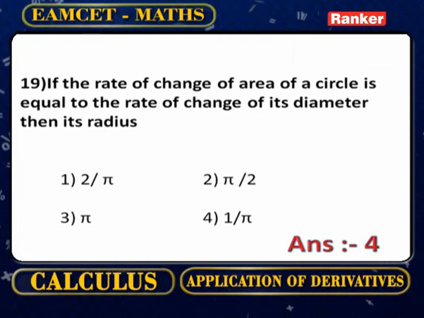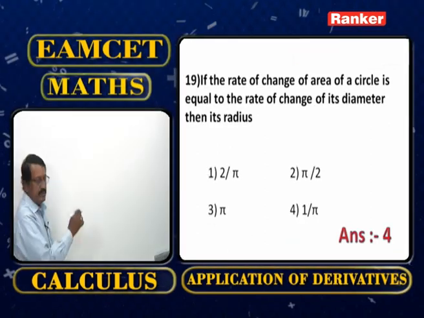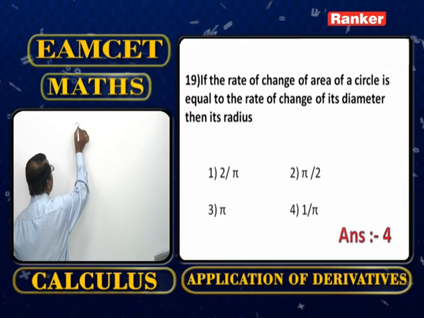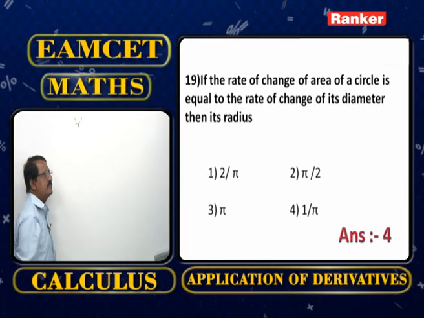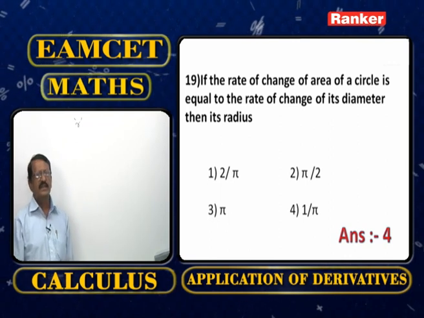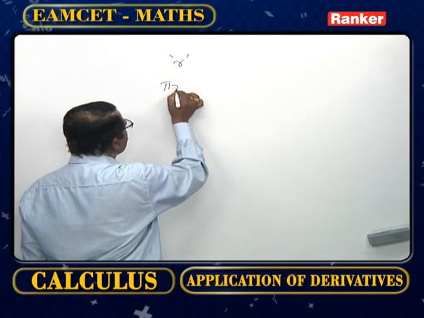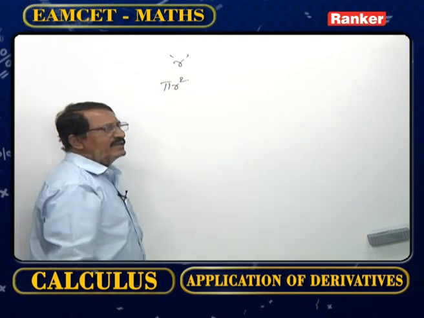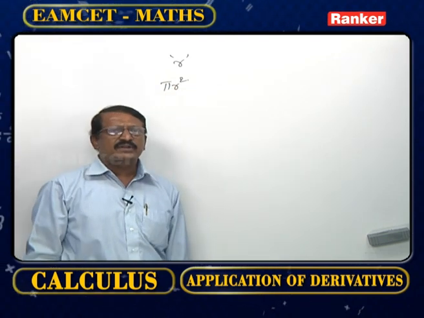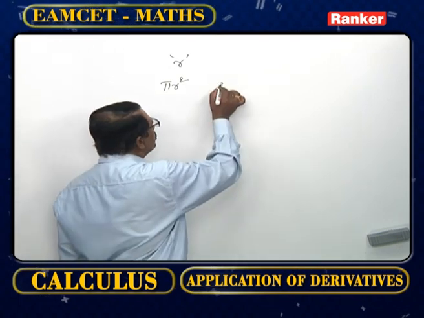If the rate of change of area of the circle equals the rate of change of its diameter, then its radius is. Now for the area of the circle, suppose we consider the radius of the circle equals r units. Area of the circle equals pi r square, and diameter of the circle equals 2 into radius.